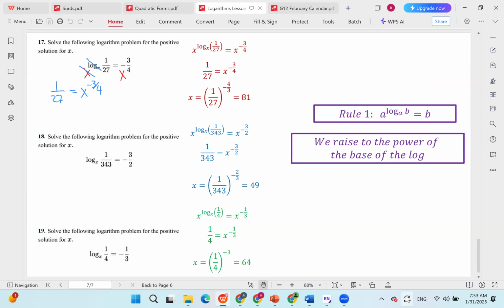Like I said, it would be very difficult and tedious to try to express this using a square root or a fourth root or a third root or whatever.